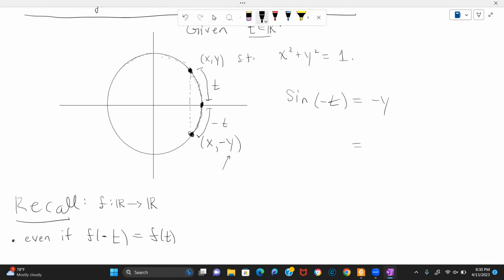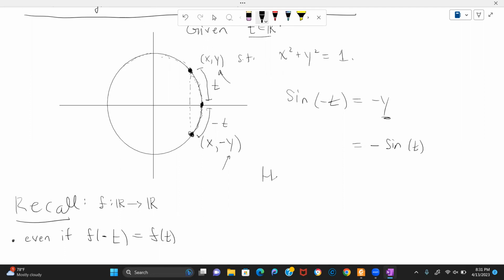But now, y itself, ignore the negative, is going to be sine of positive t, because the y coordinate here is by definition sine of t. So this is actually going to be equal to negative sine of t.